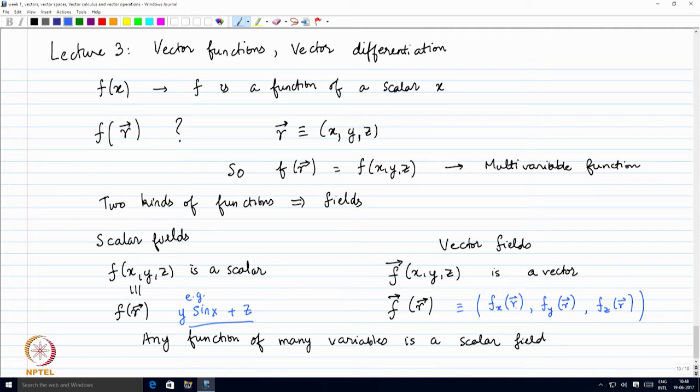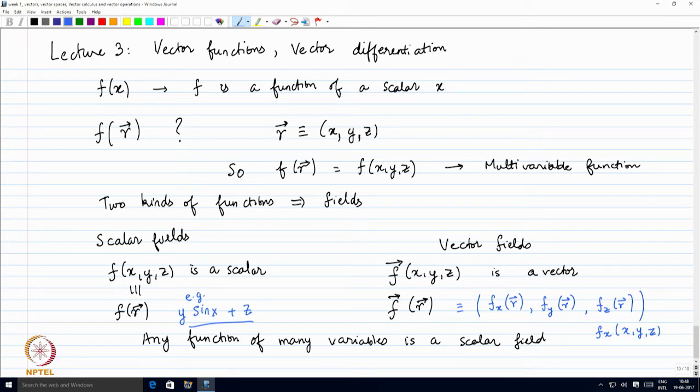So, f x of r is a scalar field, f y of r is a scalar field, f z of r is a scalar field, and f of r is a combination of these 3 scalar fields. That is what forms a vector field, and you can easily construct vector fields based on scalar fields. Remember that f x depends on x y z, f y also depends on x y z, f z also depends on x y z.